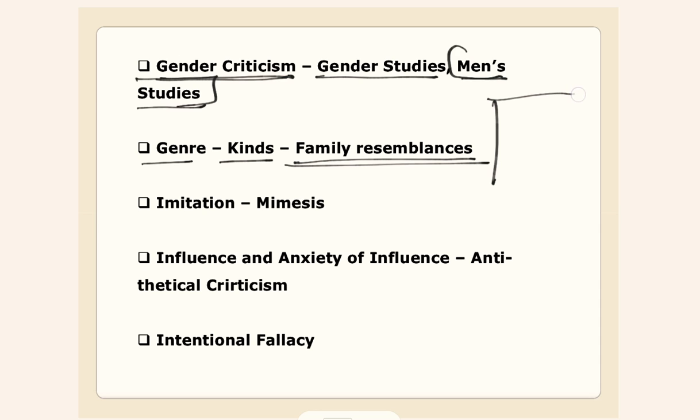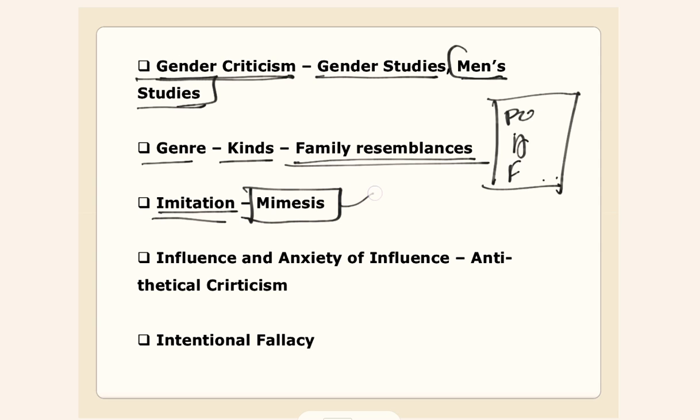Forms of literature like poetry, drama, fiction, and many more are called a family. Imitation or mimesis. This is a very initial term in literary theory and criticism, started from Plato, Aristotle, and many more. So it is central in literary theory, especially ancient and medieval literature.